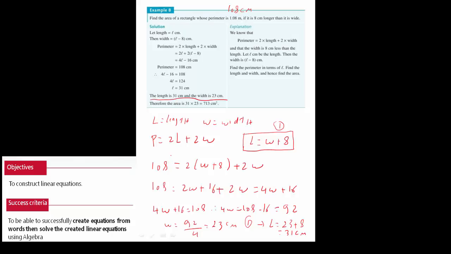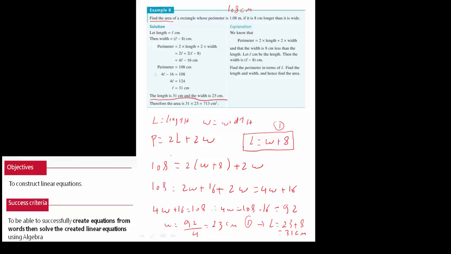Now, we haven't finished yet. If you stop here, then you have not completed what's required. What they're asking you right from the start is find the area. So if you go and check, because you want to write the answer, it says find the area. The area of a rectangle is length times width. So now that you found the length and width, you just multiply them.